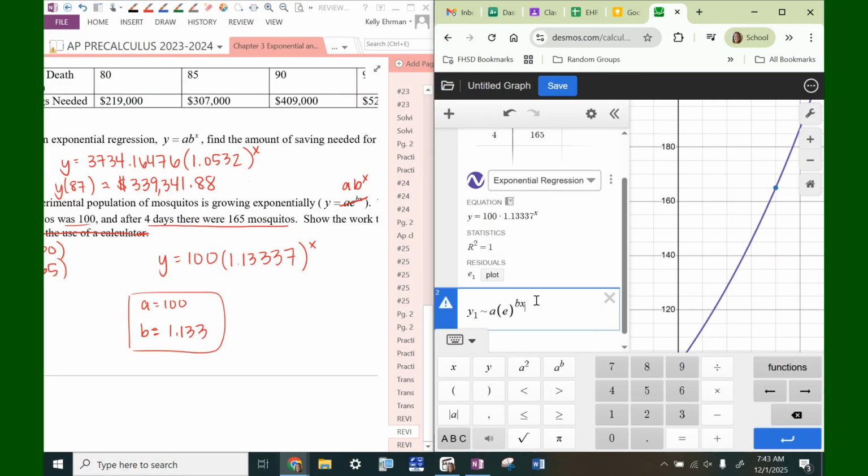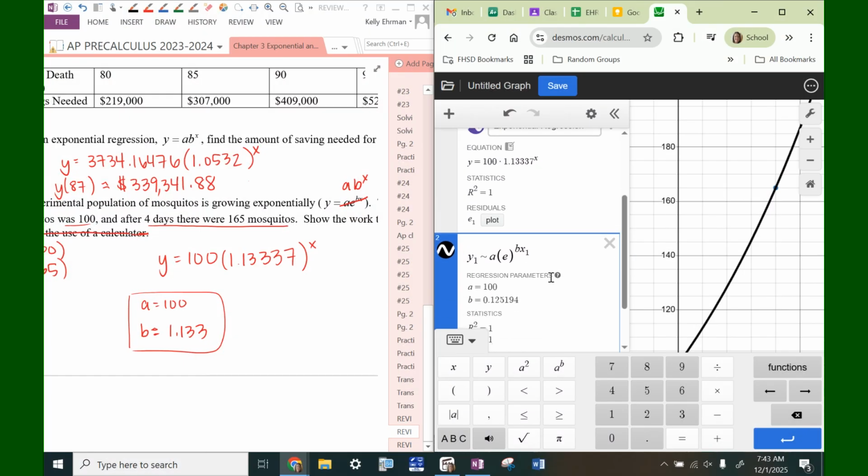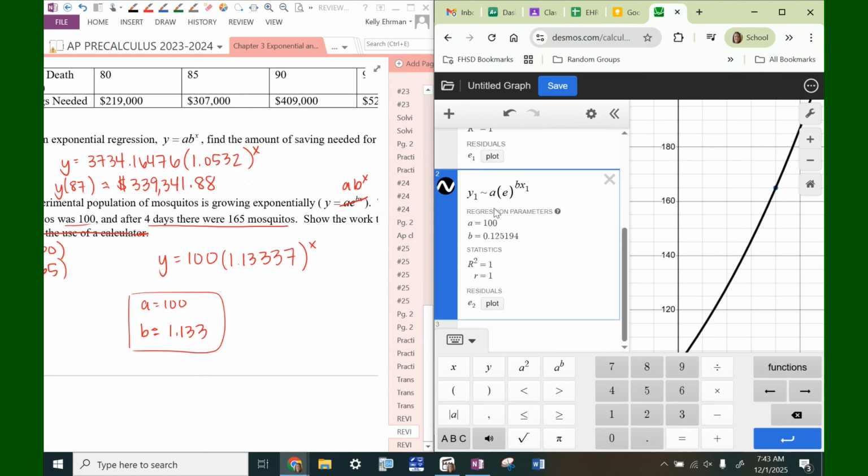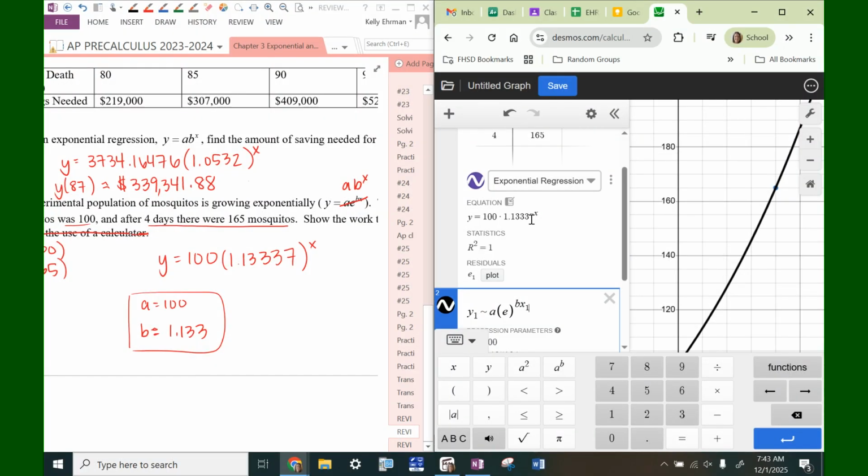And then x needs a little x1 as well. Putting in the x1 and y1 uses those values. So if I needed that, it would be the same a value, but a different b value, because e to that b gives me the same 1.13337.